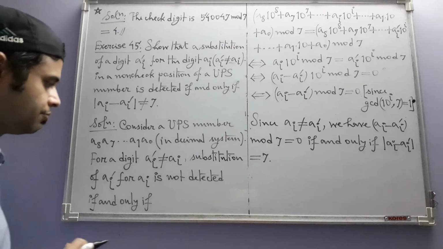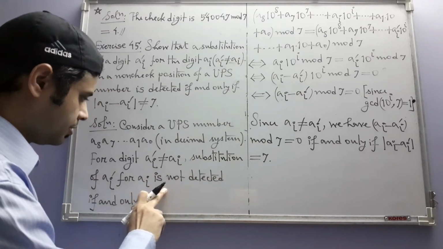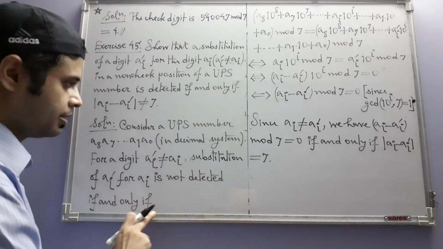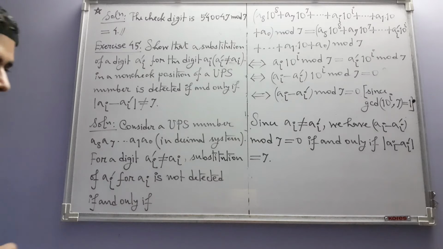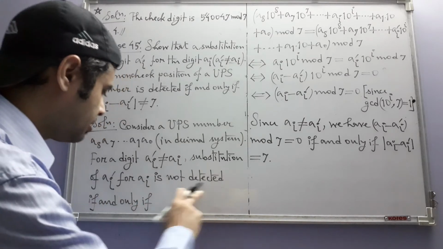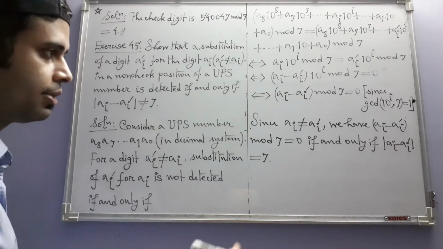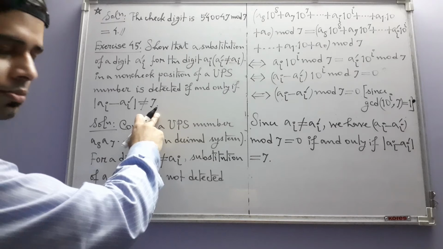What have we proved here? The substitution error is not detected if and only if this is equal to 7. We can say it in another way, namely that the substitution error is detected if and only if this is not equal to 7, and that's what we have to prove.